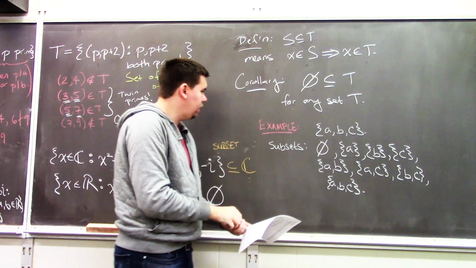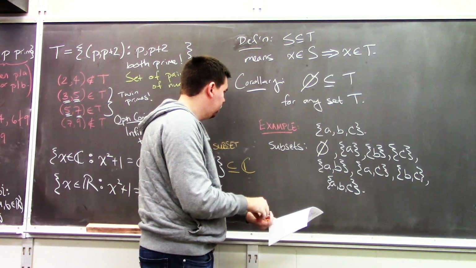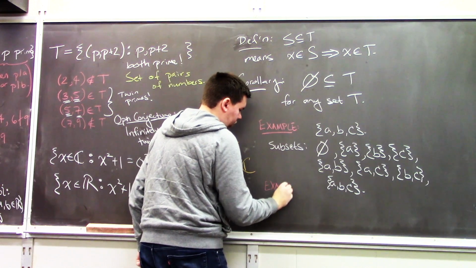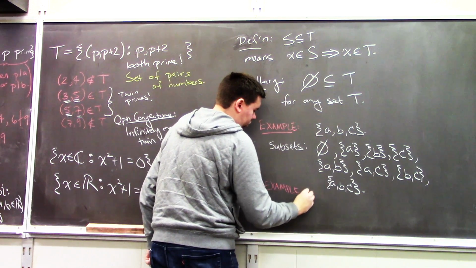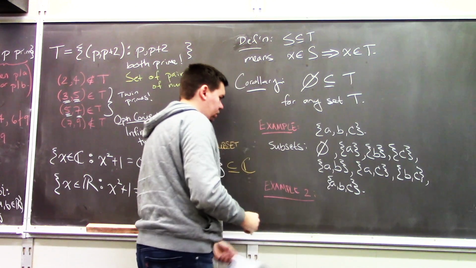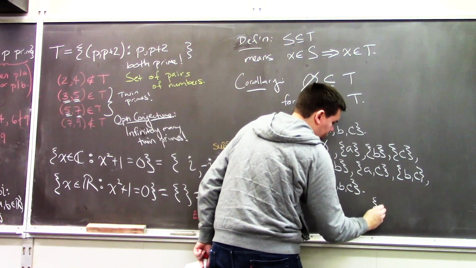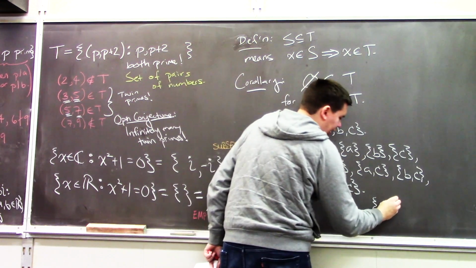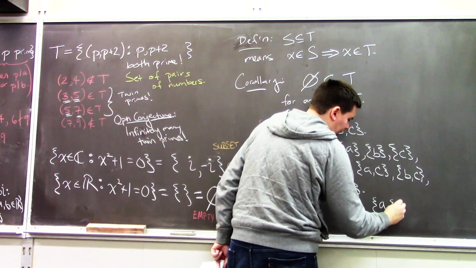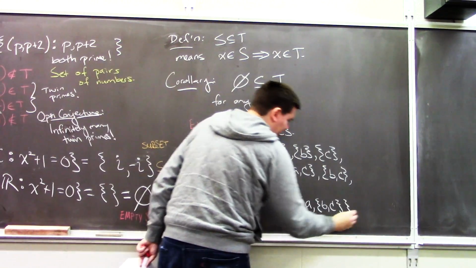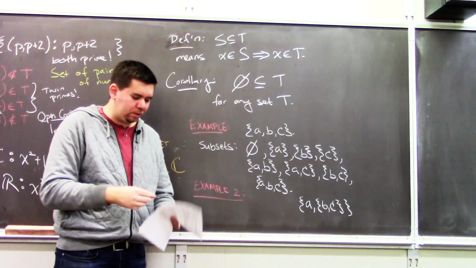If, however, I was to change this example, and I instead consider the set that has the element A, and then the second element is the set containing B and C. Notice this is a set with two elements in it.